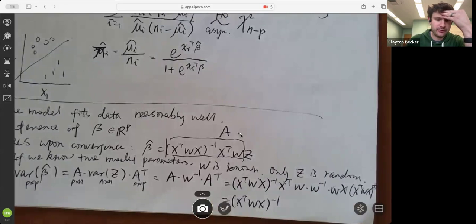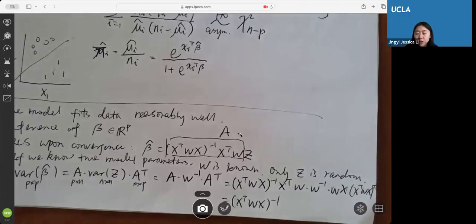Yeah, I'm slightly confused about why we're saying that W isn't random if we're substituting in W for a quantity involving Z, which we just said was random. No, W involves only the variance of Z. It's not about Z, it's about the variance of Z. And the variance of Z is determined by the model parameters.